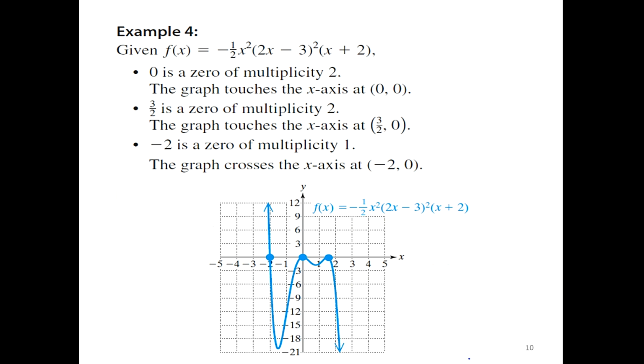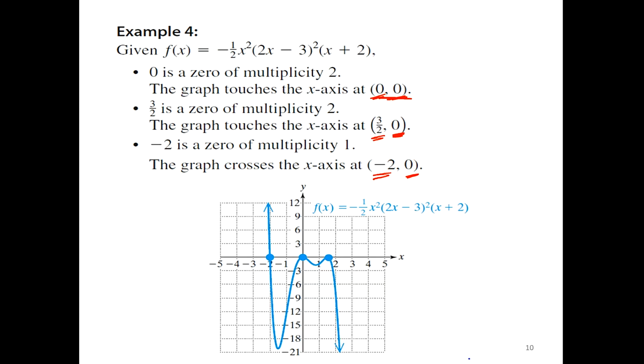Now, we have the point 0, 0 after finding the value of x. Substitute these values of x, we always have 0, 0, 0, because this is the zero of the function of x.